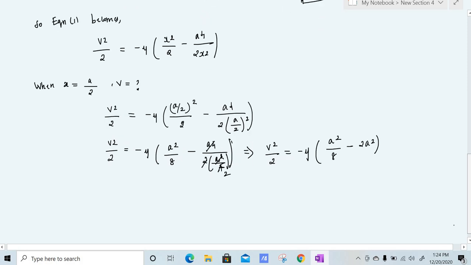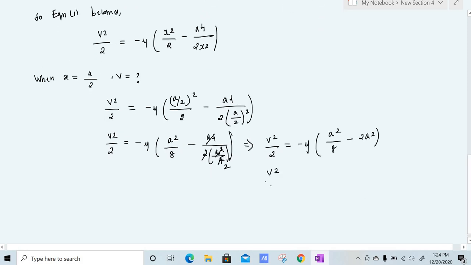So this implies v square by 2 is equal to minus mu into a square minus 16a square divided by 8. So this 2 and this 8 will get cancelled. So we will have v square is equal to minus mu into minus 15a square divided by 4, right?